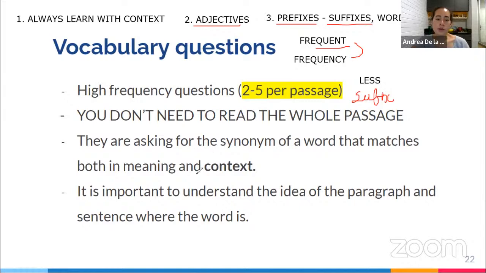Can you think of a word that contains less at the end?